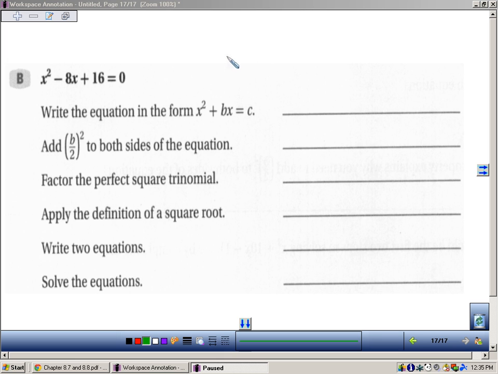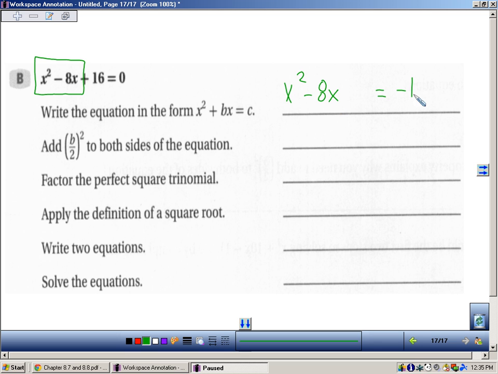Good. Now, B. Let's write the equation in this form. So again, we look at the first two terms of the standard form quadratic. We want to remove the constant, place it on the right side. So it's plus 16, so subtract 16, and we end up with, and why do we do that again?